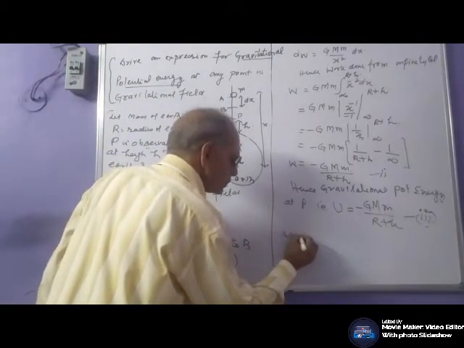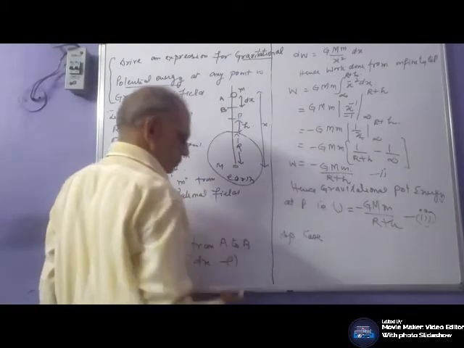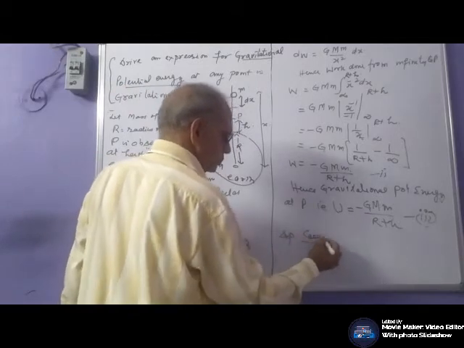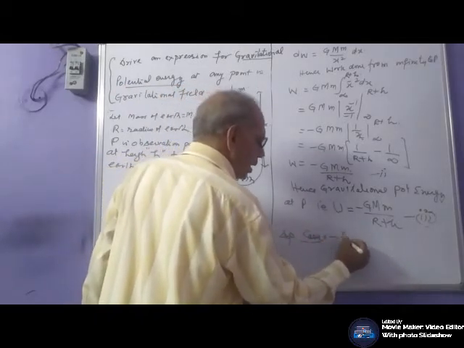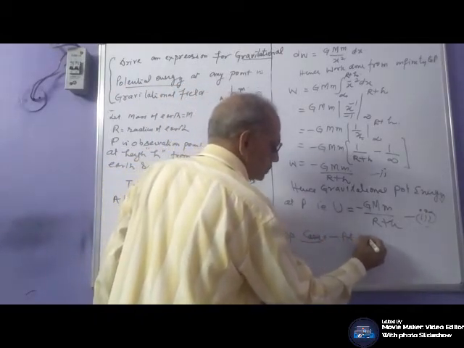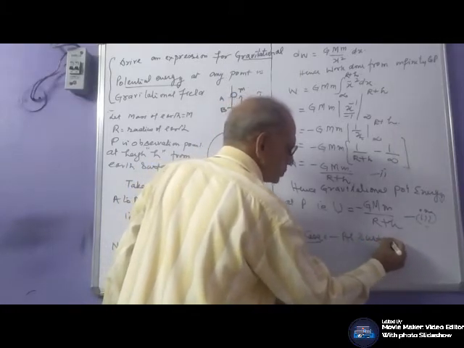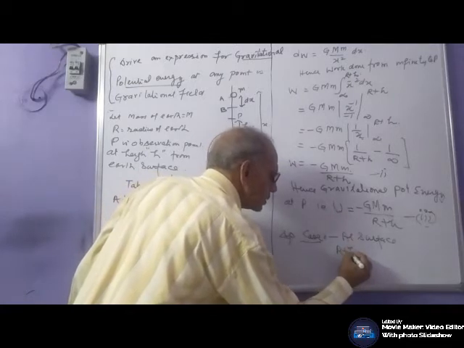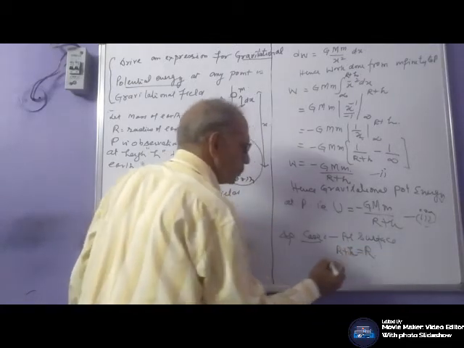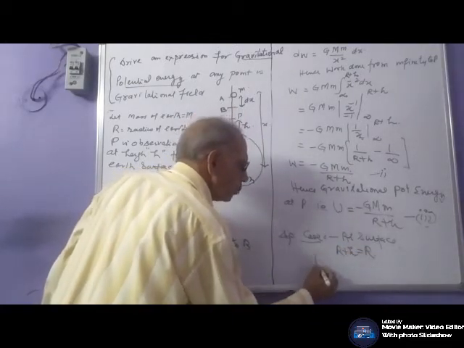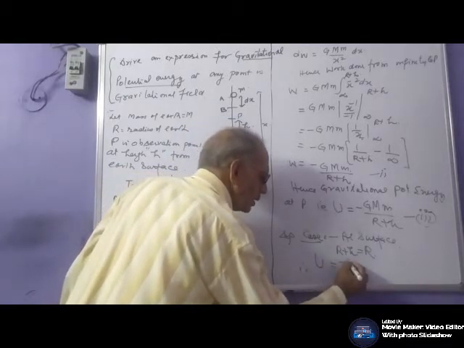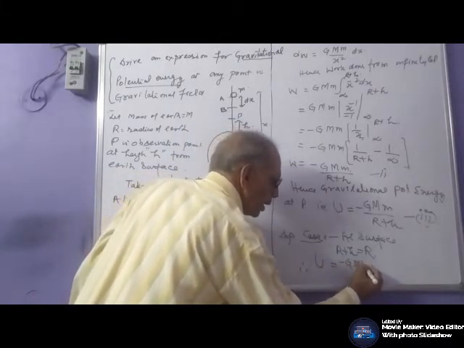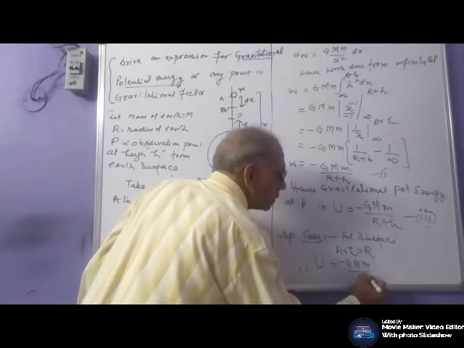Special case, at the surface, r plus h becomes r, therefore U equals minus GMm by R.